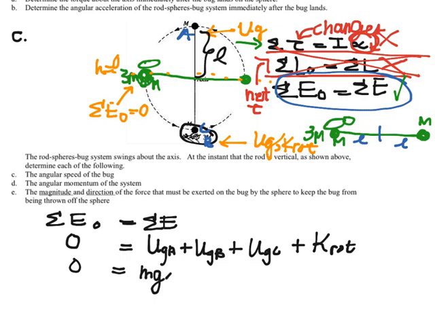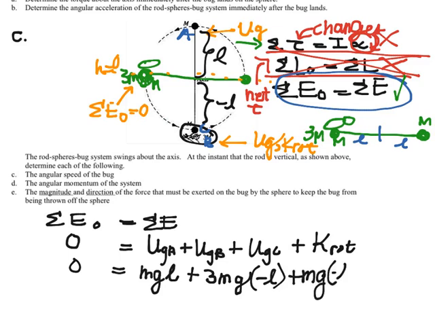For mass B, the bug, we have 3mg, and it is L below, so its height is negative L. Mass C is this blob that just has a mass of m, so we have mg, and again, height of negative L, plus 1/2 I omega squared.